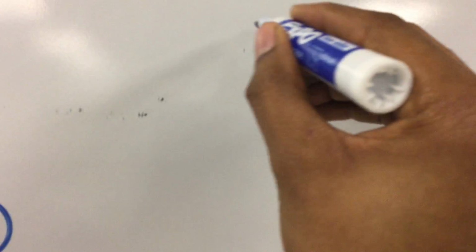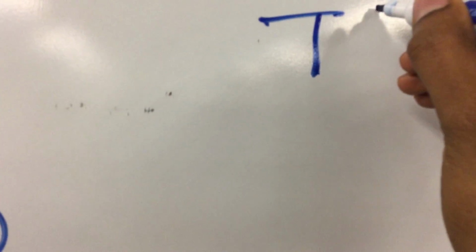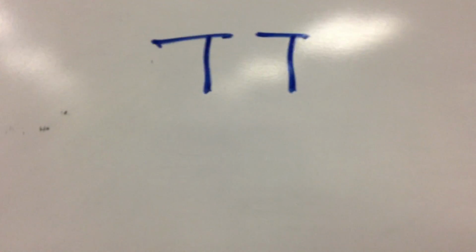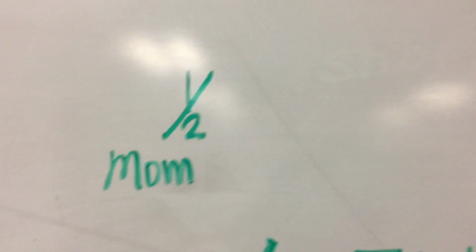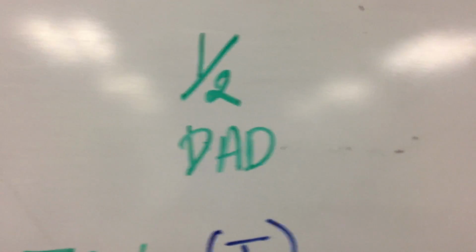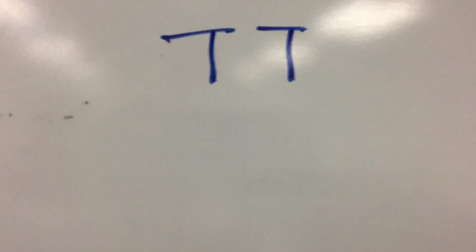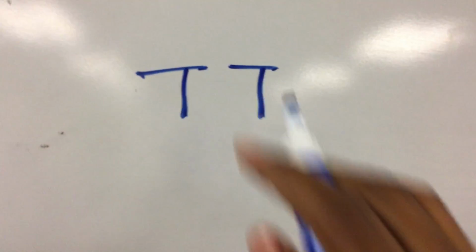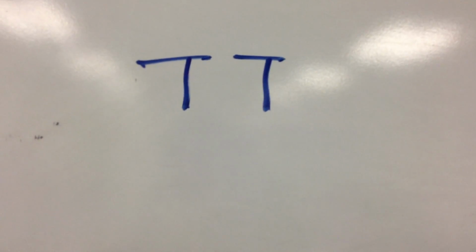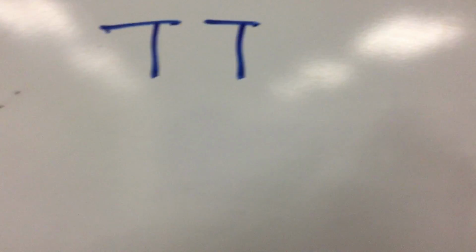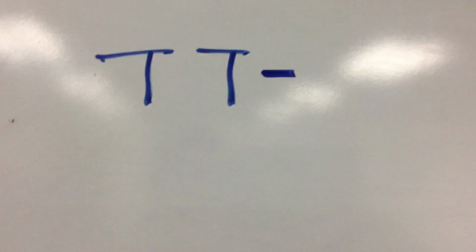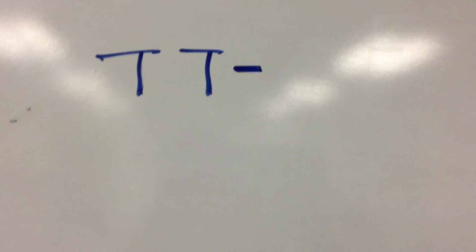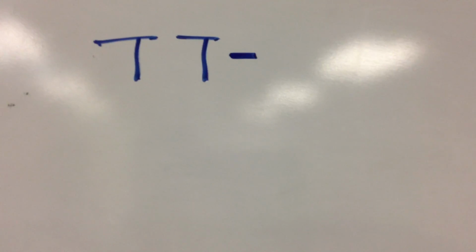So when we have a plant, the plant is going to always have two of these alleles. They got one allele from the mom, one allele from the dad. So let's say mom and dad both give them a tall allele. What do you think the offspring will be if both of their alleles are tall?